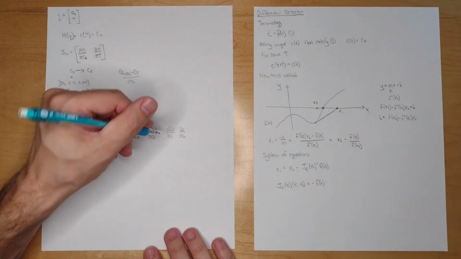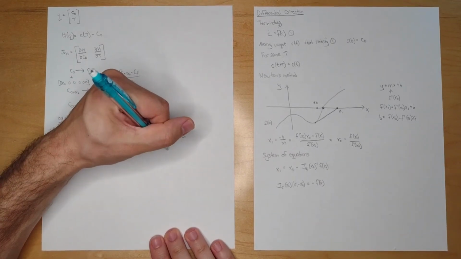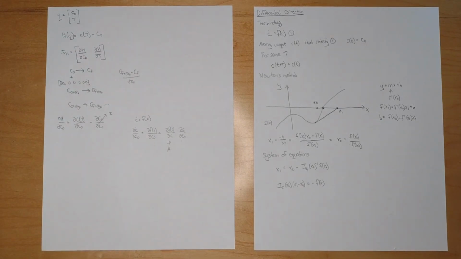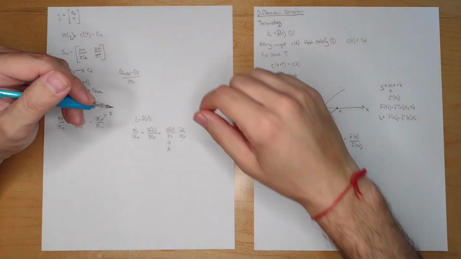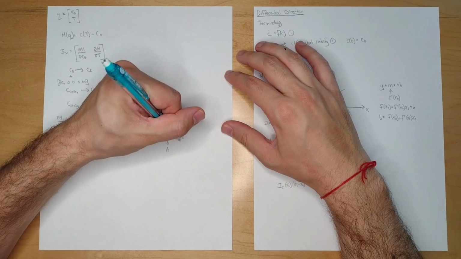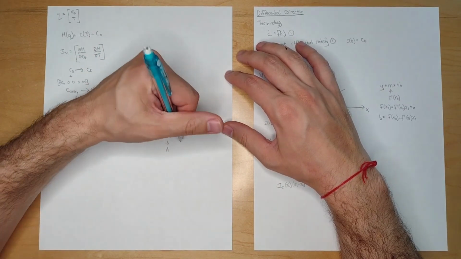Note here that this term, the df dc, that's simply our A matrix from the second lecture. Except instead of being evaluated at the Lagrange point as we did in that lecture, it's evaluated along the trajectory. Note also that dc/dc naught evaluated at time 0 is going to be the identity matrix.